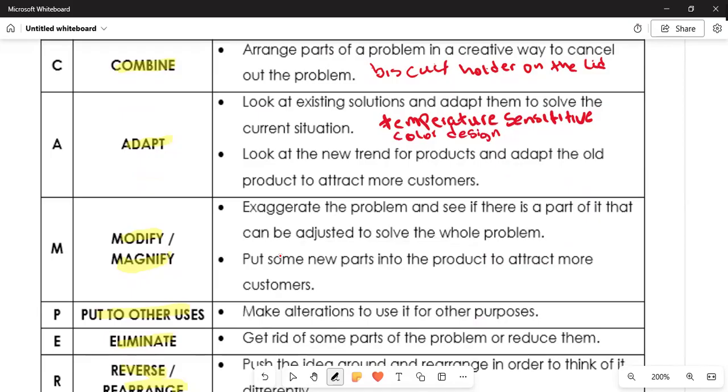You exaggerate the problem and see if there is a part of it that can be adjusted to solve the problem, or put some new parts into the product to attract more customers. So still under the example of the coffee cup, you modify the cup's handle to make it easier.